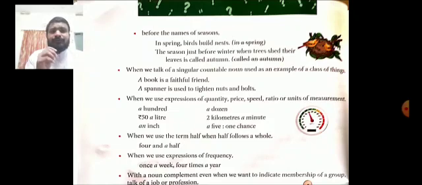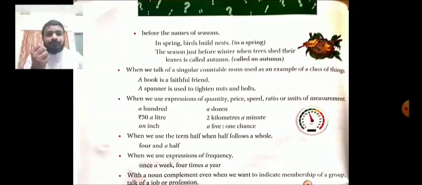Now, when we use expressions of quantity, price, speed, ratio, or units of measurement, we need to use the articles. A hundred, a dozen, 50 rupees a liter, or 2 kilometers a minute, an inch, a chance.